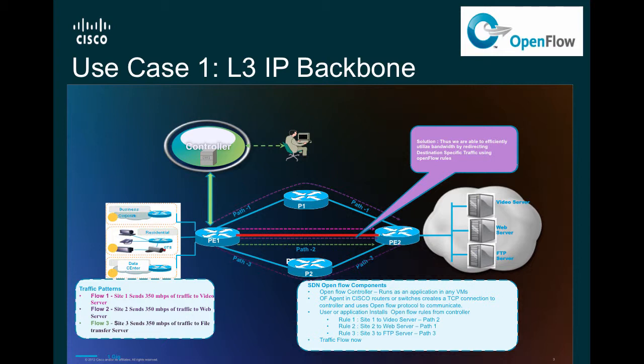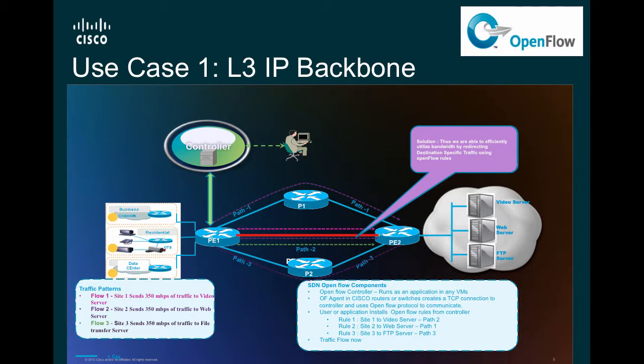So site 1 sending to the video server can use the path to the other, and you could have another rule wherein site 2 traffic going to the web server needs to take path 1, and site 3 traffic going to the FTP server needs to take path 3. So that would effectively cause you to send traffic on different paths depending on the source and the destination address of the flow.